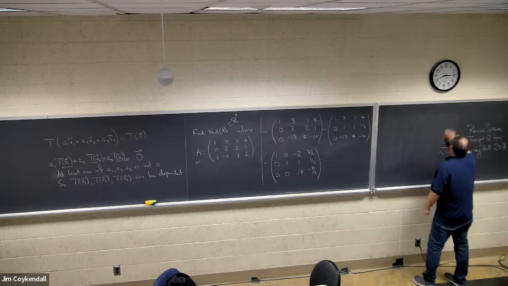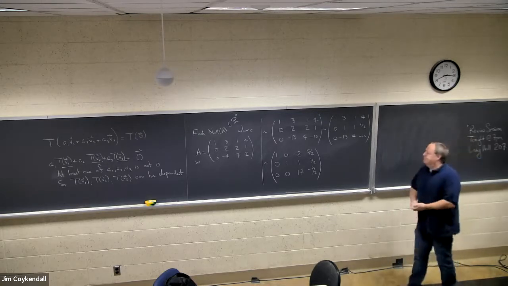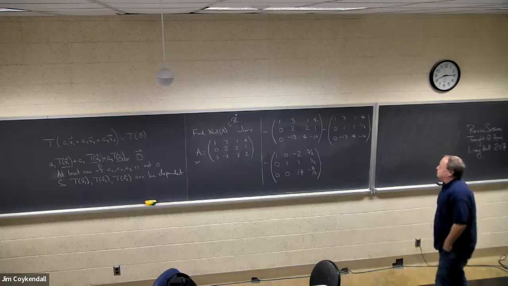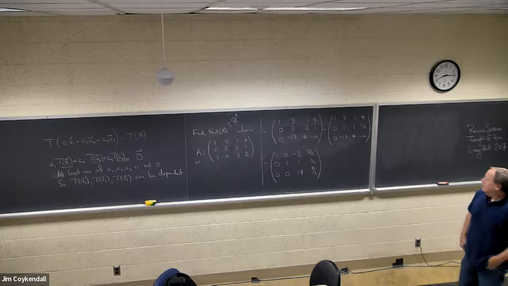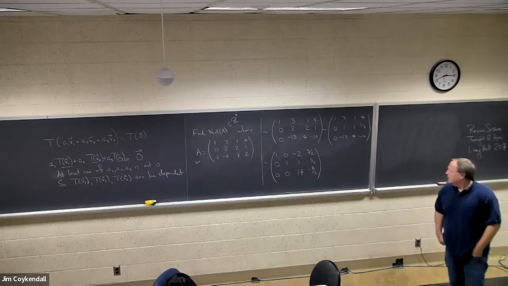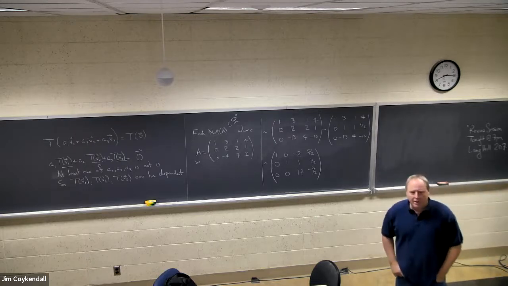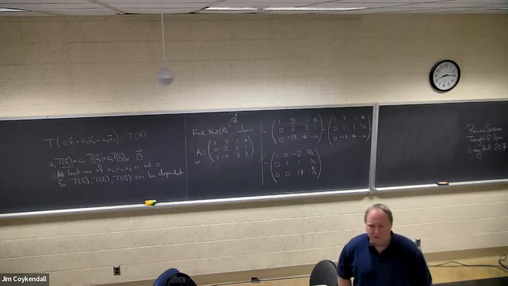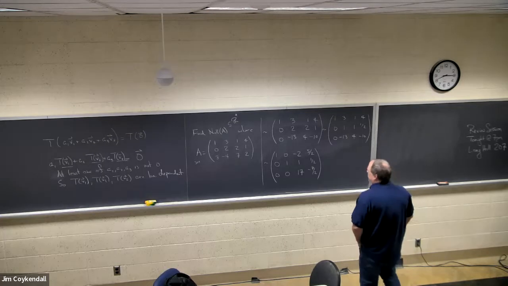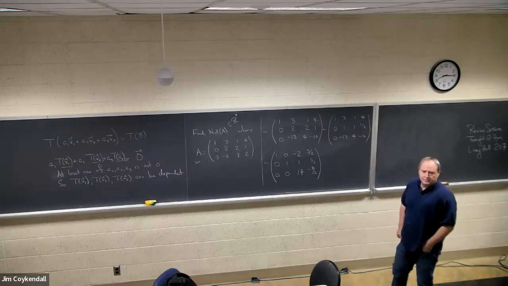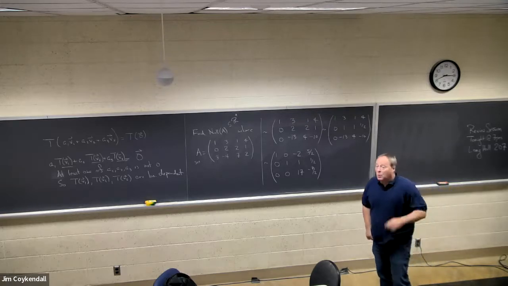And so, by the way, I haven't finished yet, but can somebody tell me at this point, I've got a clear view here. What's the dimension of the null space? Yes, 1.